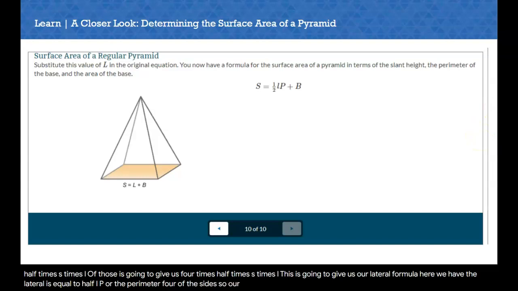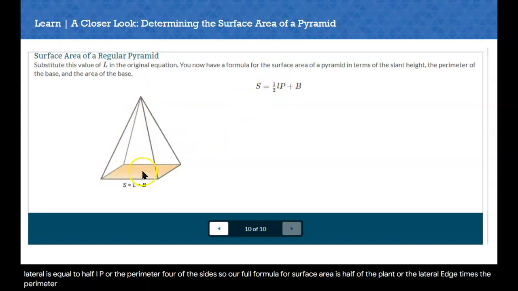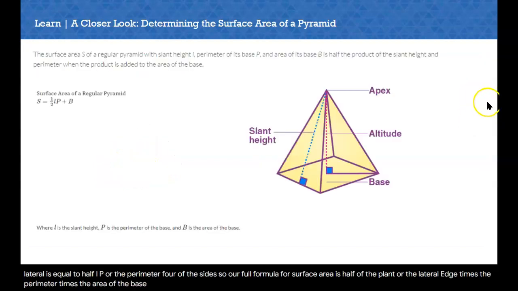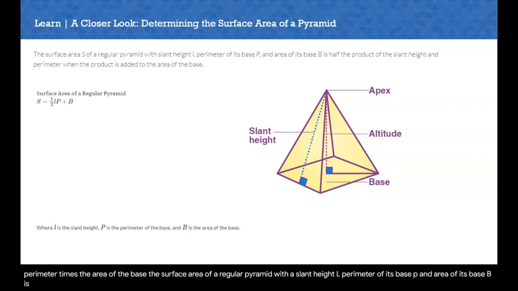So our full formula for surface area is half of the slant height times the perimeter, plus the area of the base. The surface area of a regular pyramid with slant height L, perimeter of its base P, and area of its base B is half the product of the slant height and perimeter, when the product is added to the area of the base.